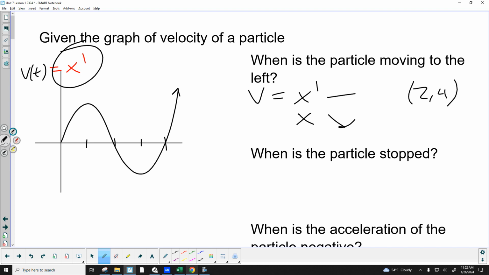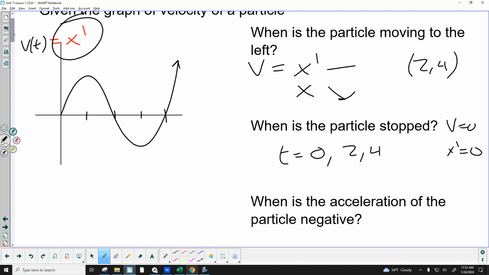Yo, that's like when is f decreasing? This is the graph of f prime. You know these questions. When does the particle stop? 0, 2, and 4. That's when my position is neither increasing nor decreasing, when my velocity is 0, when my derivative is 0.